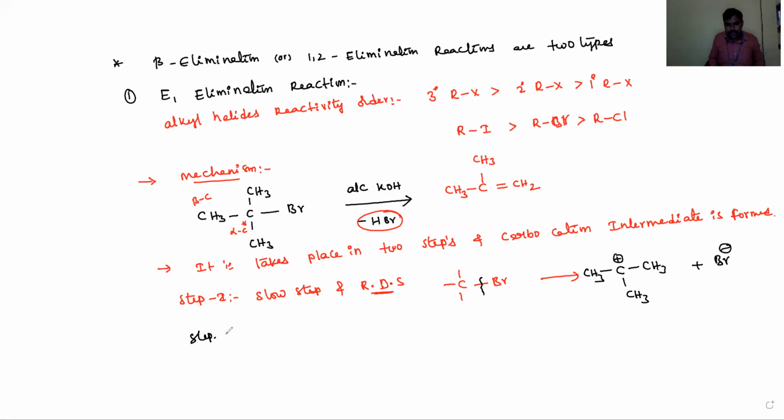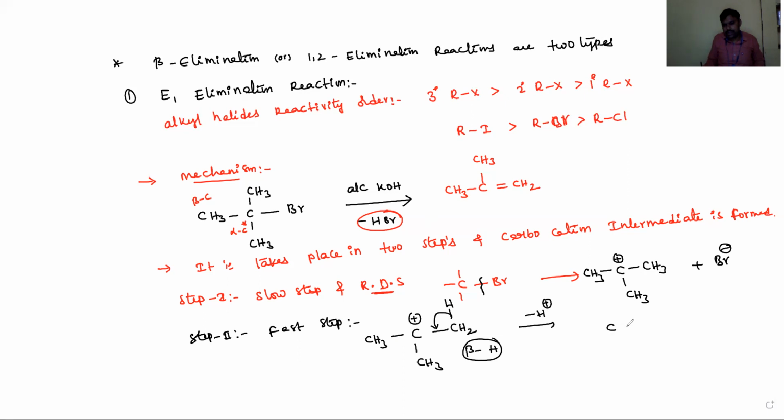Next, step 2 is the fast step. Okay, dear students, this beta hydrogen atom is lost as H plus and produces CH2 double bonded to CH3.